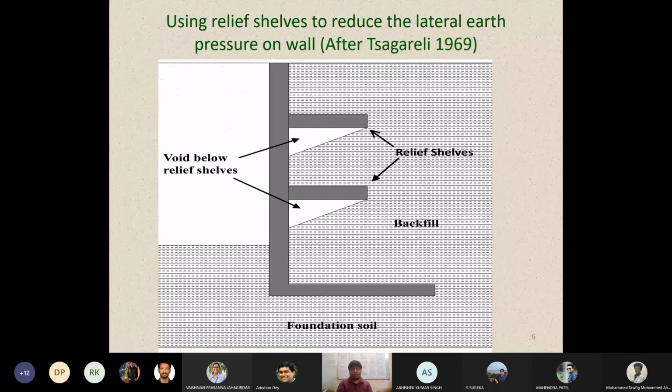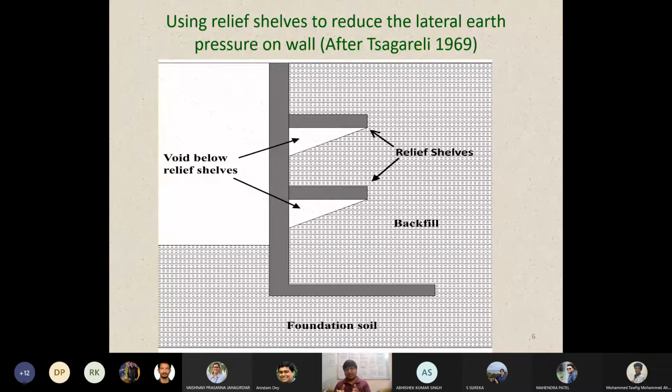However, this theory was proposed, but no background study was behind it. Earlier, another philosophy was proposed by Tasagreli, who also showed that this kind of retaining wall with relief shelf can modify the overall bending moment distribution.